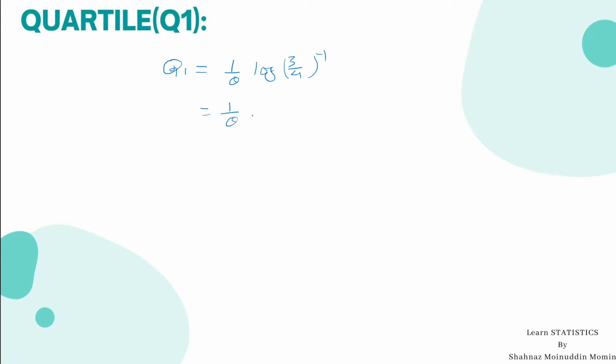So it will be 1 by theta log 4 by 3 to the base e. Here the logarithm is the natural logarithm. This is the value of the first quartile.